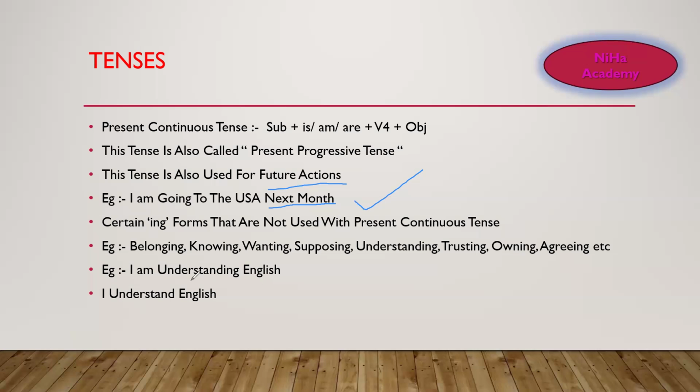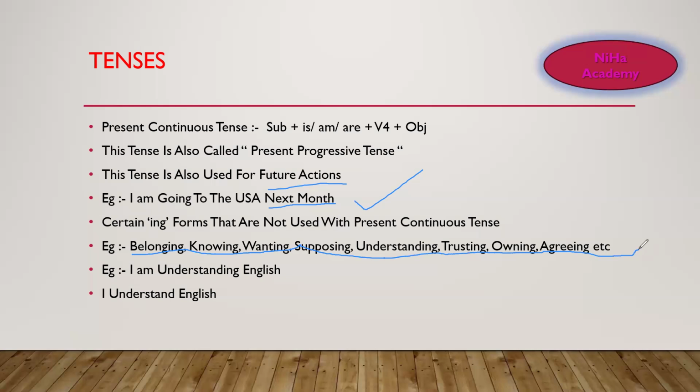Now here we see belonging, knowing, wanting, supposing, understanding, trusting, owning, agreeing, etc. We use these in daily life, but not in this form. We only say: I understand English. I belong to Hyderabad. I belong to Andhra Pradesh. I belong to Amaravati.